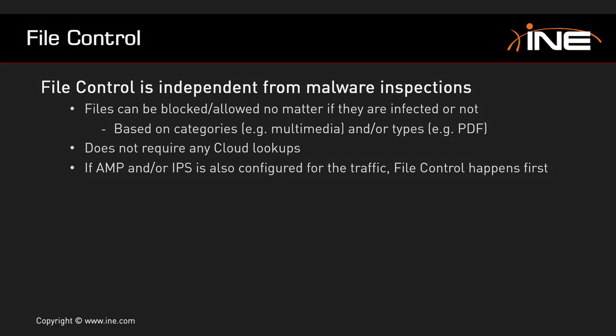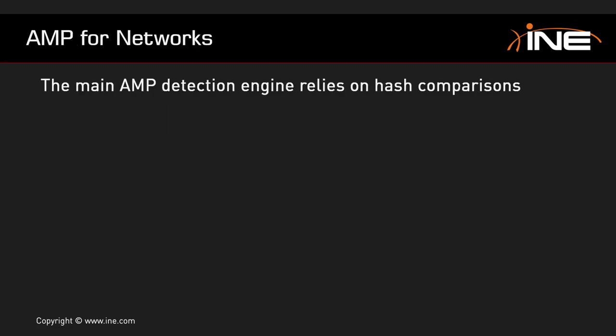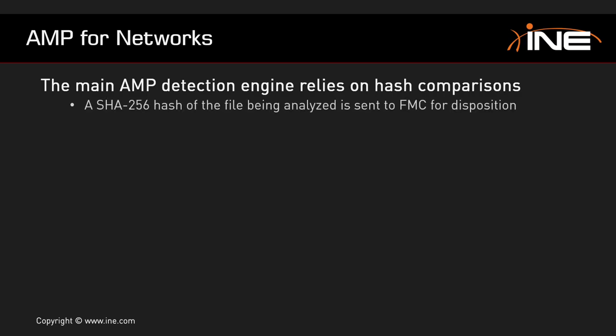In case of advanced malware protection, this is again what we will use to perform inspection looking for malicious code. The way that this inspection is going to be performed is by calculating a hash of a file being transmitted and then sending this hash to the Cisco Collective Security Intelligence Cloud for comparison.